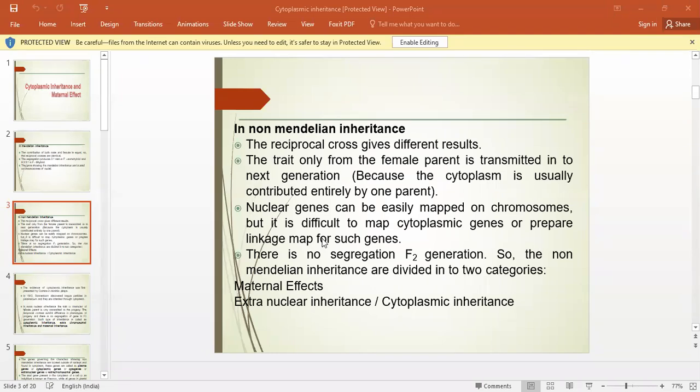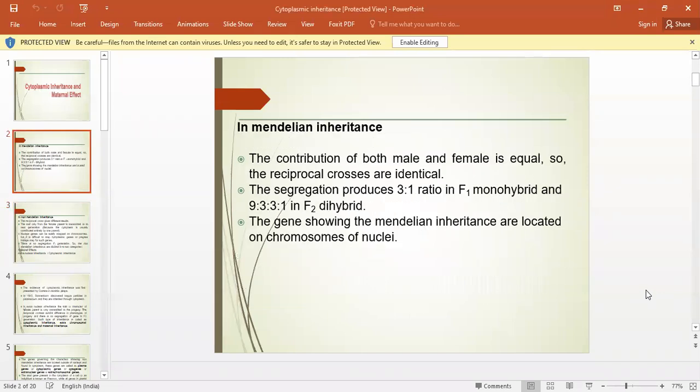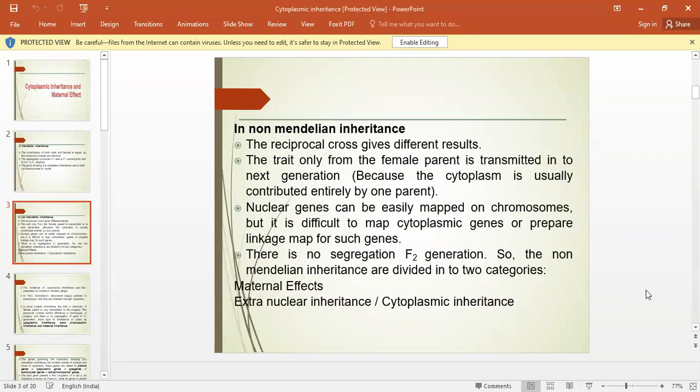The first one is that whatever ratios we have seen up till now, this ratio 9:3:3:1 or 3:1, these ratios are not found in cytoplasmic inheritance.